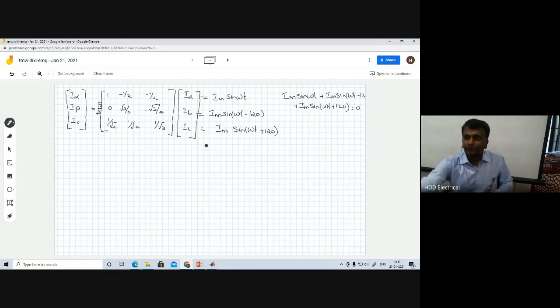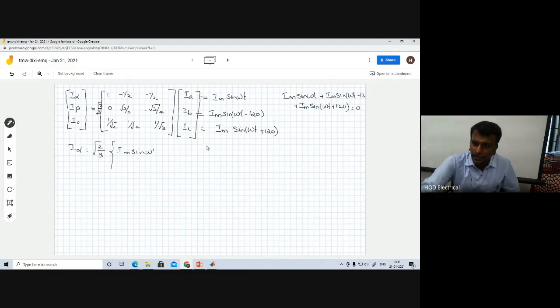So accordingly, if you write I alpha, we have root 2 by 3 into IA, which is Im into sine omega t, minus 1 by 2 into Im sine of omega t minus 120 plus Im sine of omega t plus 120.